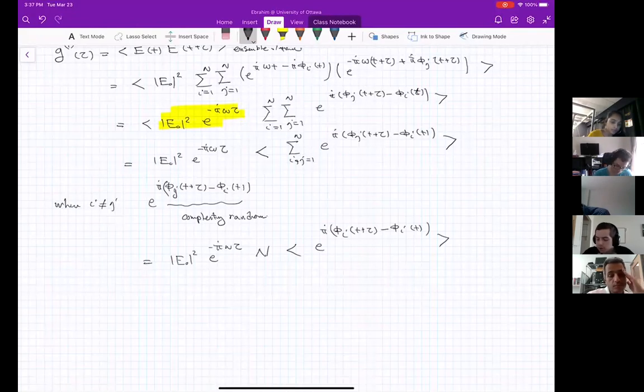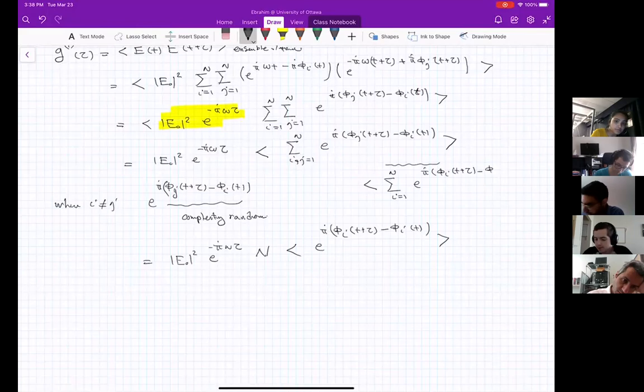So I jumped a step. The step is that this will be simplified to summation of i from 1 to n of e power of i phi i t plus 2 minus phi i of t. And then I say that the average of a summation will be summation of average.